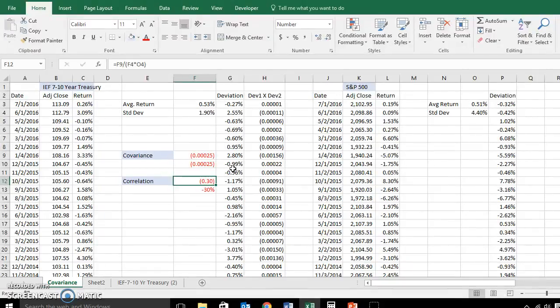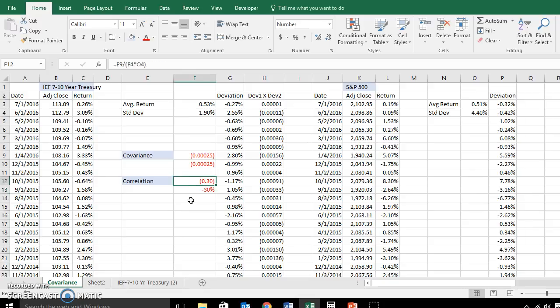And how is it related? If you divide the covariance by the product of the standard deviations of the two asset classes, you get something called correlation, which is a very fascinating concept, and very easy to understand. So in this case, if I calculate correlation using the formula, I'm arriving at negative 0.3, or it can also be called negative 30%.